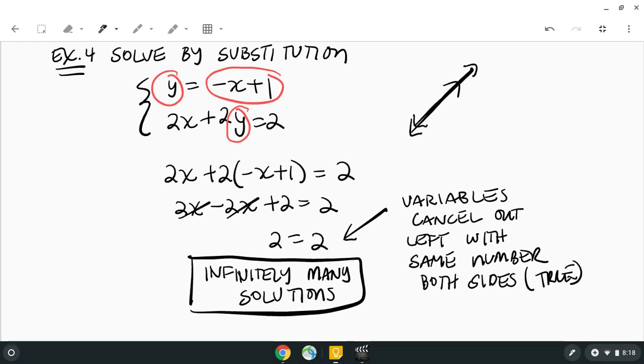All right, so let's take a look at elimination method. So that's substitution method. Let's take a look at elimination method.